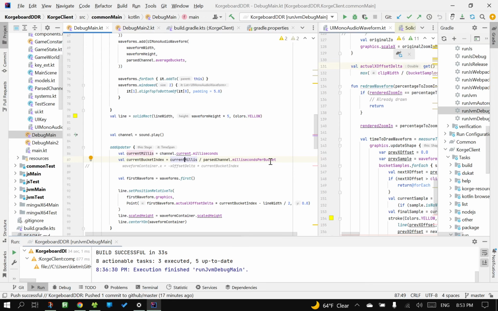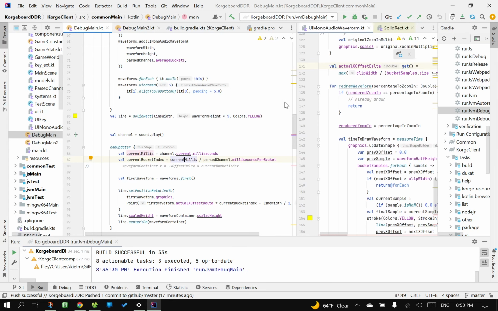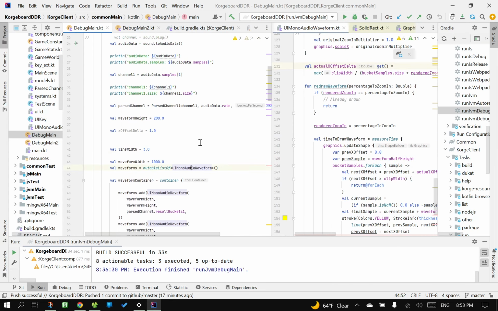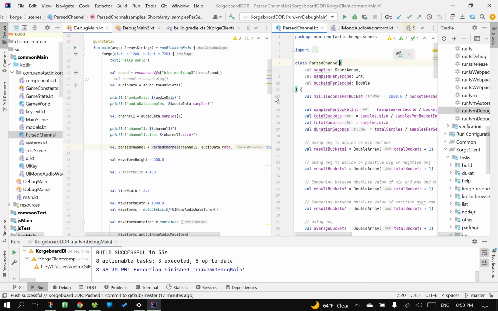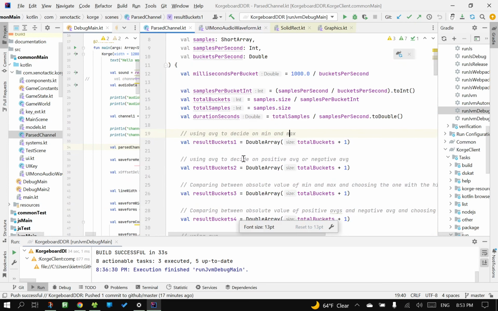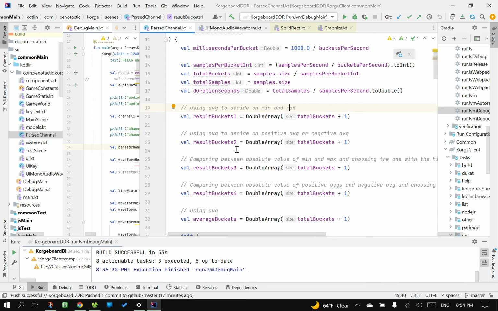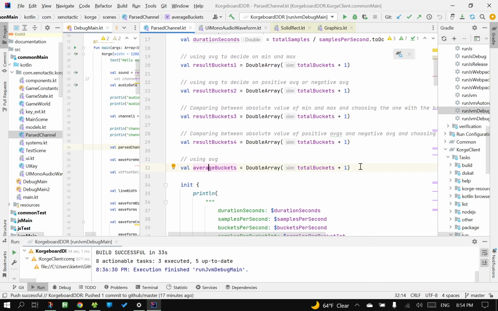Okay, so in Corgi, what I did was I processed the audio waveforms, and then I bucketized it based on a bunch of different factors, and then I rendered each one just to see what it would look like. For one way to render it, just use the average.